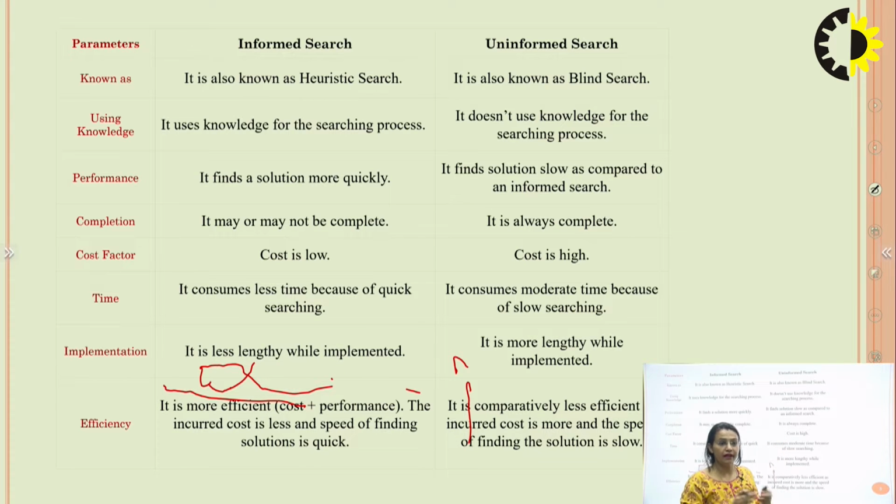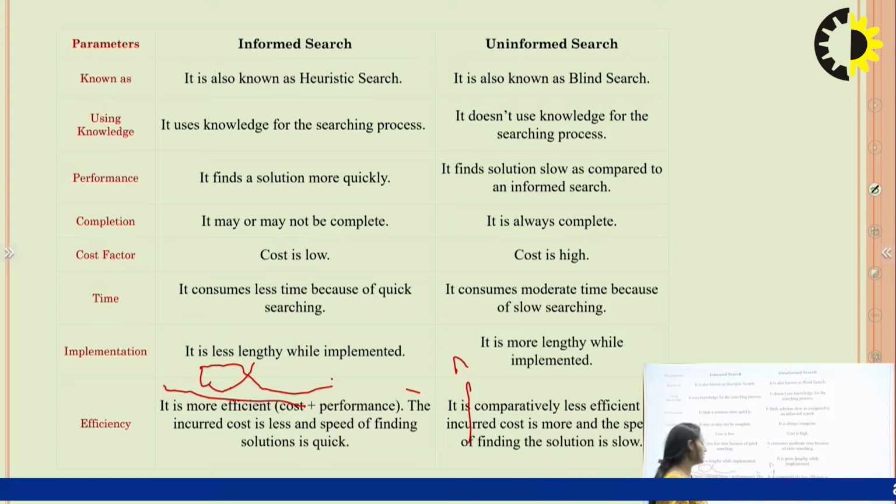So it is guaranteed that I will definitely reach my destination node, and find the best path. That's why it is known to be complete. In terms of cost, informed search is considered low and uninformed search is considered high, because it is exploring all the paths, whereas informed search explores only the best path. In terms of time, informed search will be quicker and uninformed less quick. In terms of implementation, informed search will be less lengthy and uninformed more lengthy.